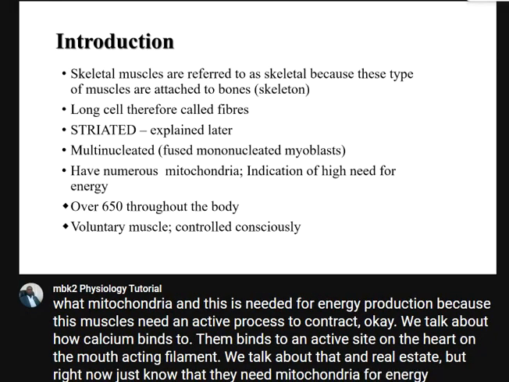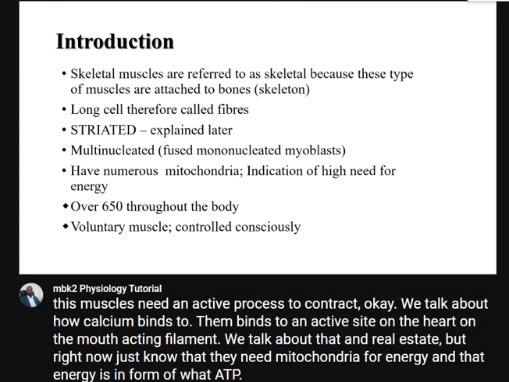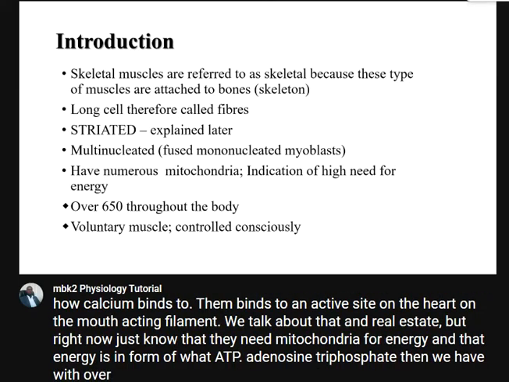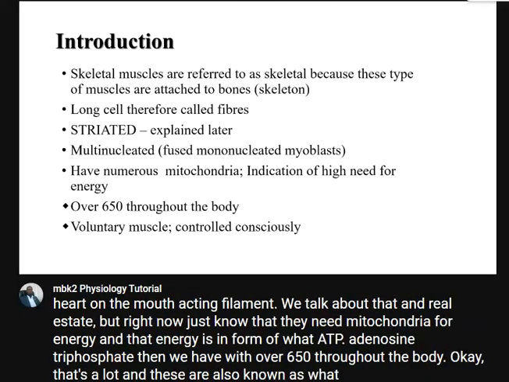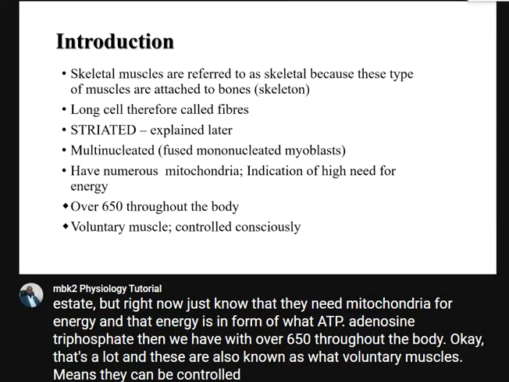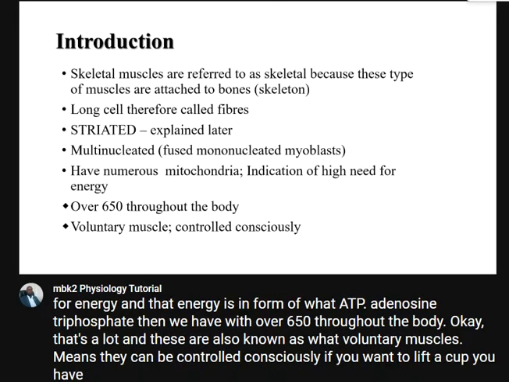And that energy is in the form of ATP, adenosine triphosphate. Then we have over 650 skeletal muscles throughout the body. That's a lot. These are also known as voluntary muscles, which means they can be controlled consciously. If you want to lift a cup, you have to tell yourself, okay, let me lift the cup.